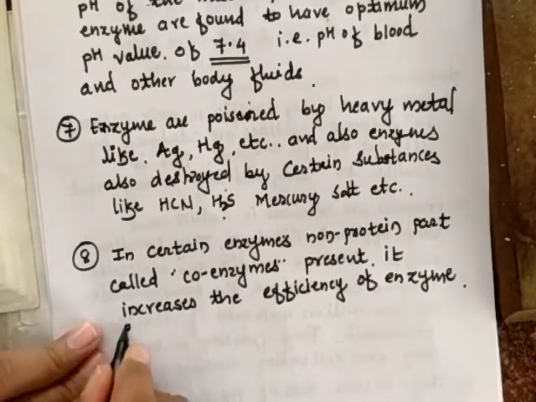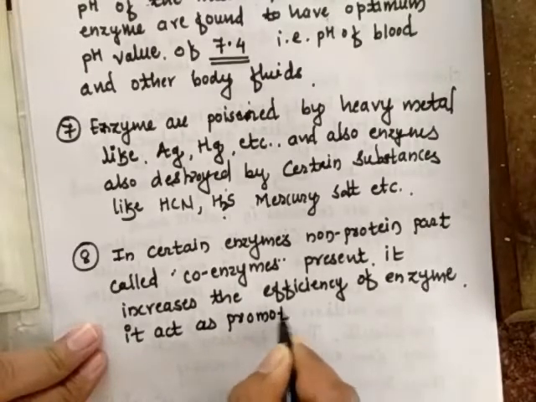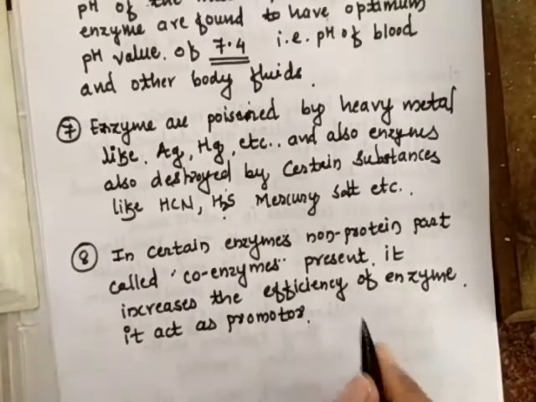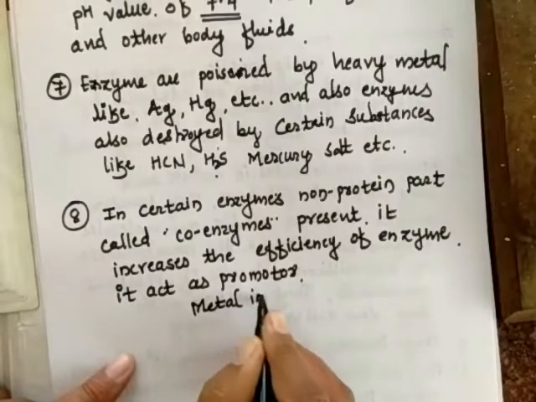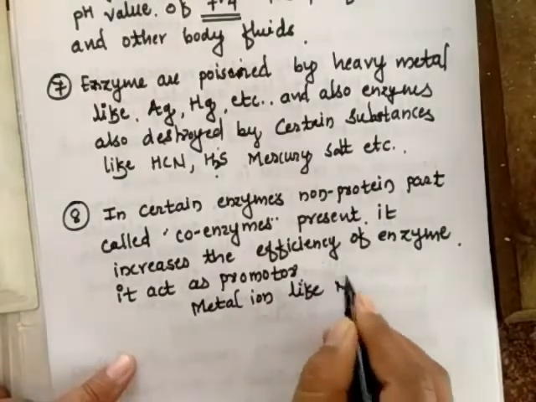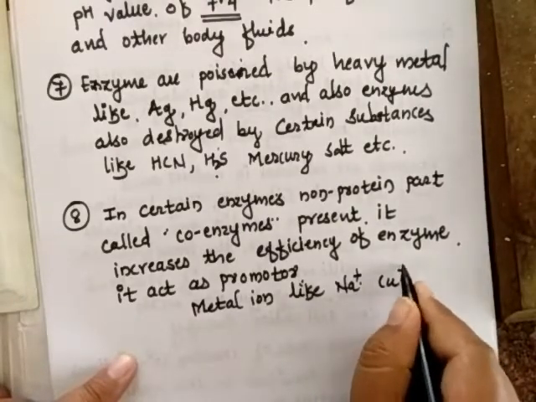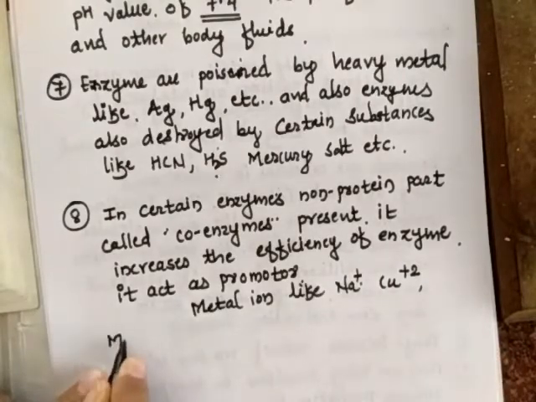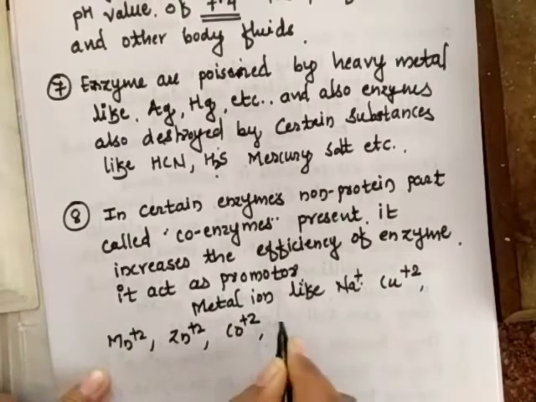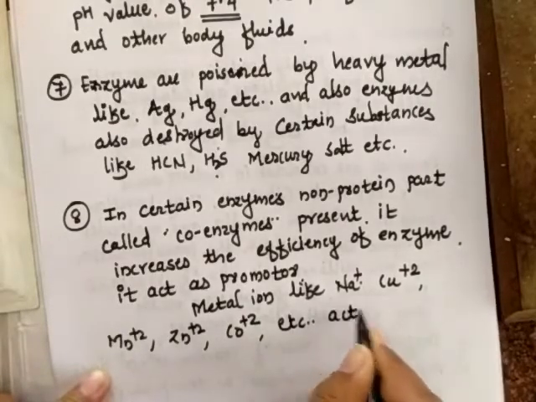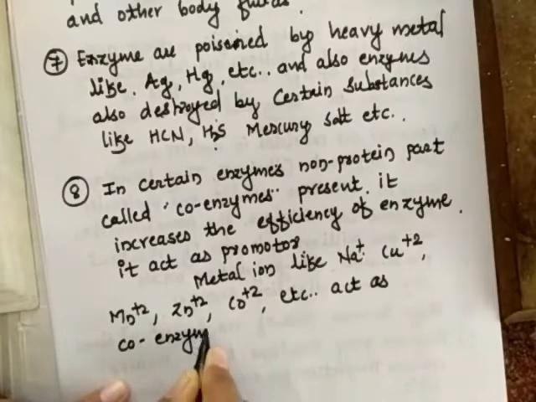It acts as a promoter. Metal ions like Na+, Cu+, Mn+, Zn+, Co+, etc. act as coenzymes or promoters.